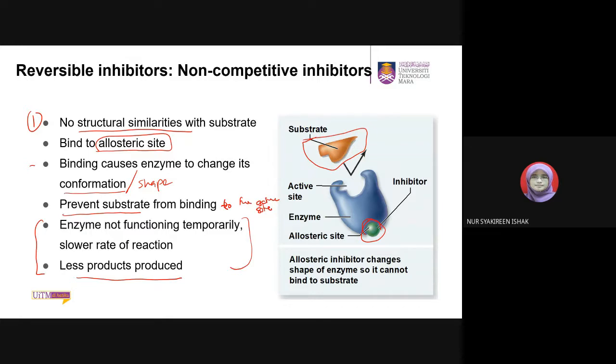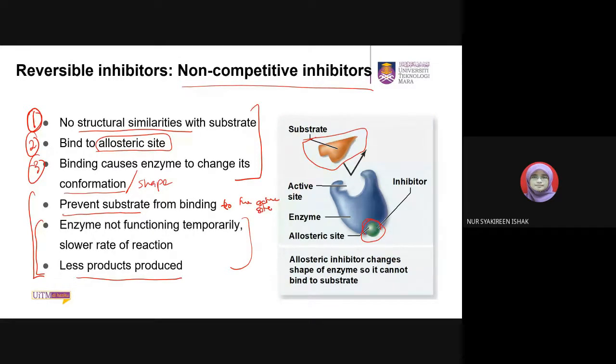So yang paling penting untuk when you are describing or explaining on non-competitive inhibitors, point number 1, no structural similarities with the substrate, bind to the allosteric site, causes the enzyme to change shape. So these are the most important points for you to include in your explanation. Okay. Yang lain tu boleh include jugalah kan to complete your answer. Okay, to complete your explanation.